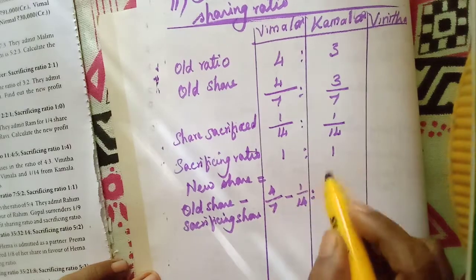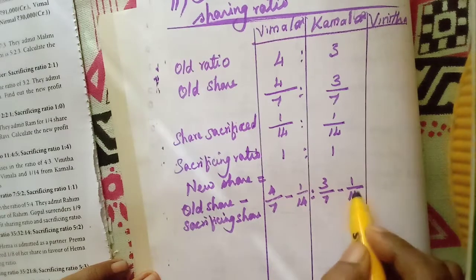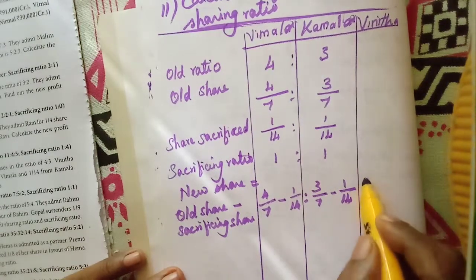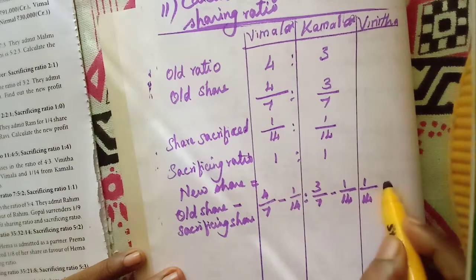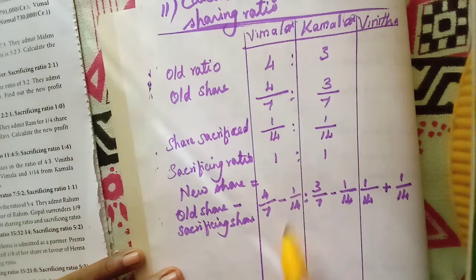Here old share 3/7 minus 1/14. Here we need to add the share sacrificed, 1/14 plus 1/14. Now we will calculate. LCM we can take 14.